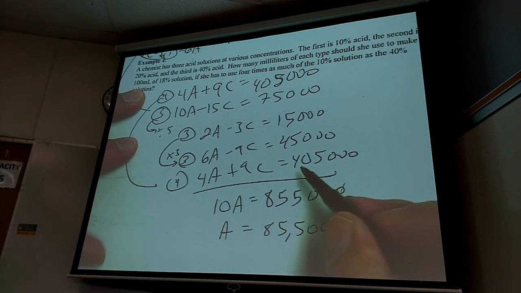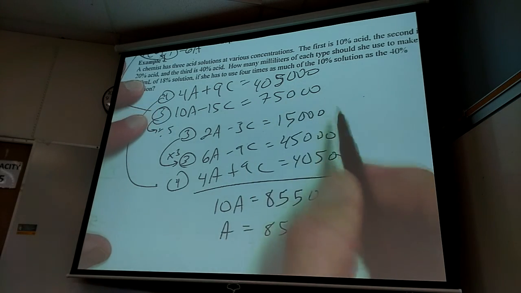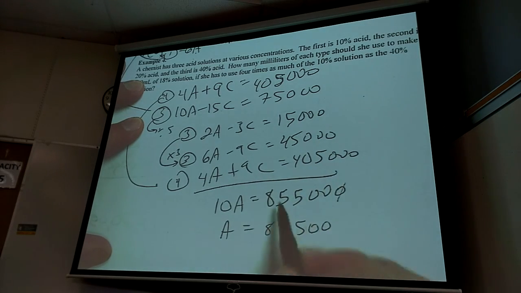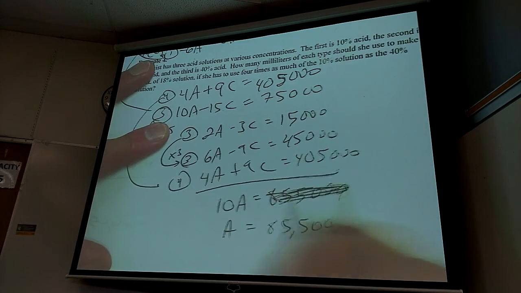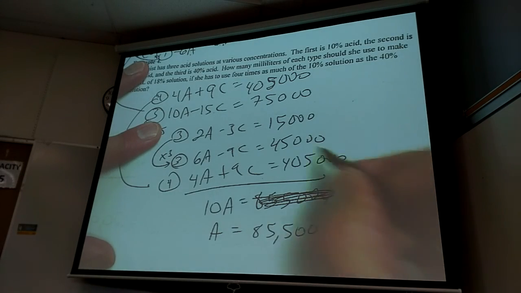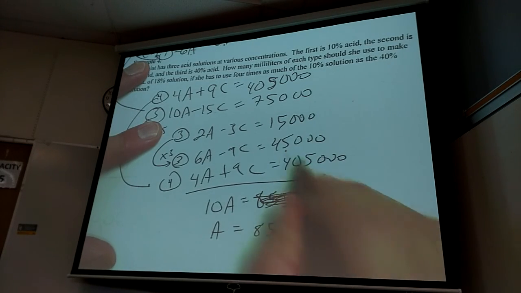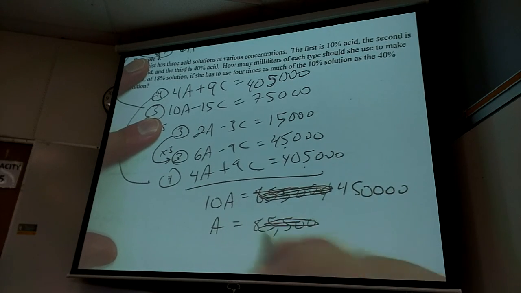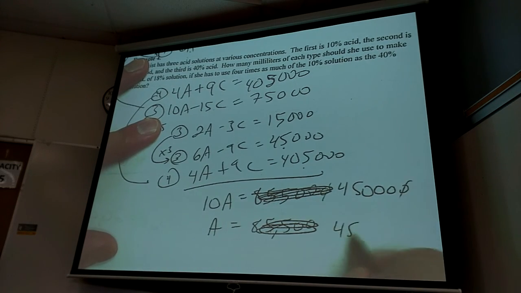Oh, that's 405,000. Is that what that's supposed to be? 45,000. That's what I did wrong. Right here, I just did this wrong. My bad, trying to do too much at once. 45,000 plus 405,000 is 450,000. That's a better job. Then when you divide by 10, you get 45,000.